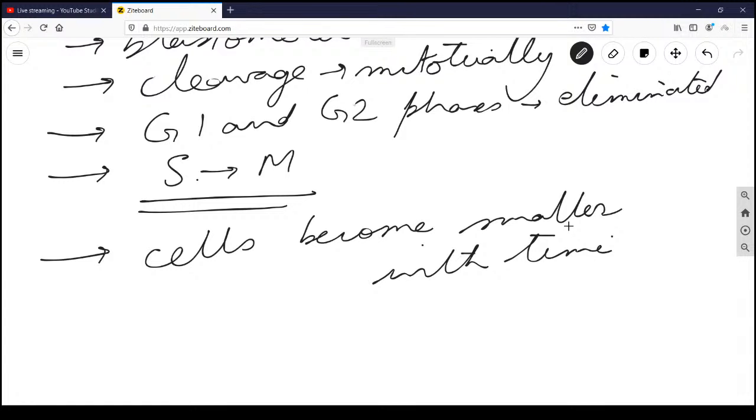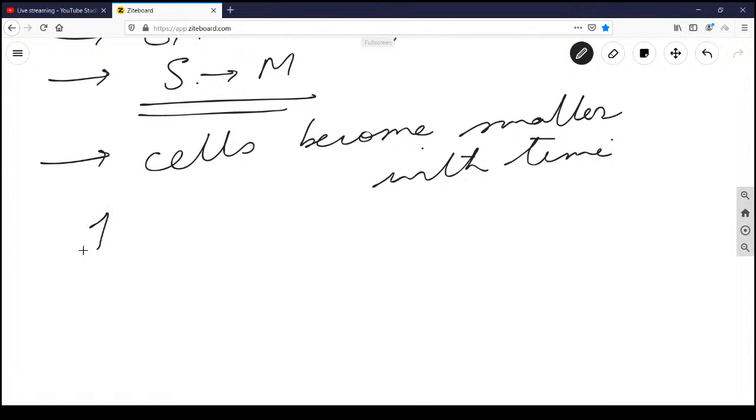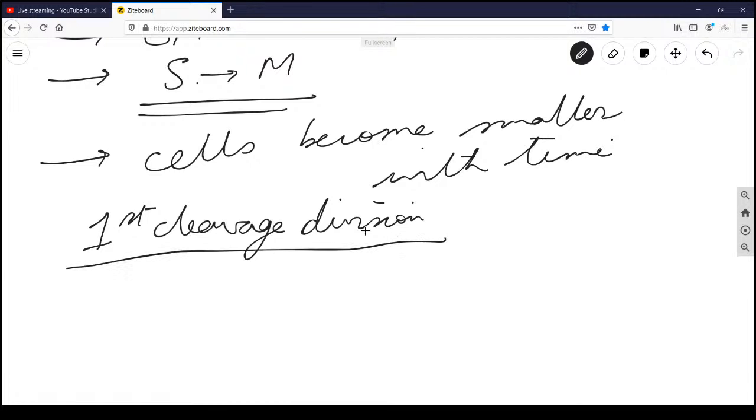So what you have is the first cleavage division. If you talk about cleavage divisions 1, 2, 3, 4, in your first cleavage division you have the resulting embryo of two cells, because on the first day I told you will get two cells or two blastomeres, and DNA has been synthesized.